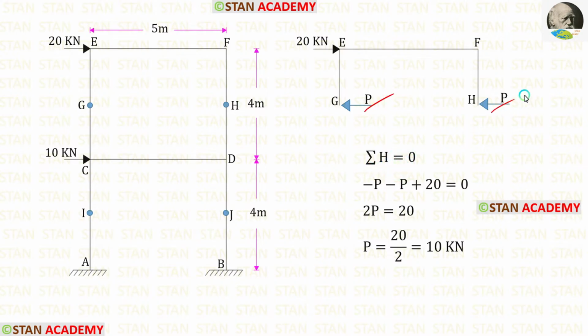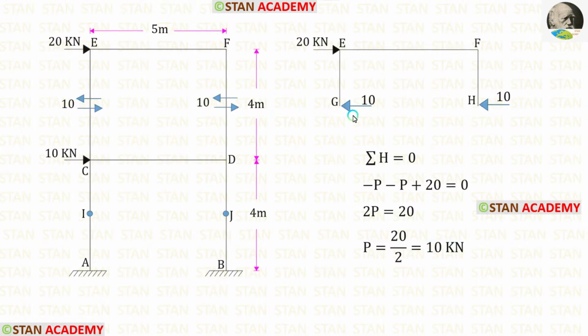Both of these forces are acting towards the left side, so both of them are negative. This load is acting towards the right side, so that is positive. Finally, for P, we are getting 10. We have calculated the shear forces just above the center of the columns. Below the center of the columns, they will be acting in the opposite direction.